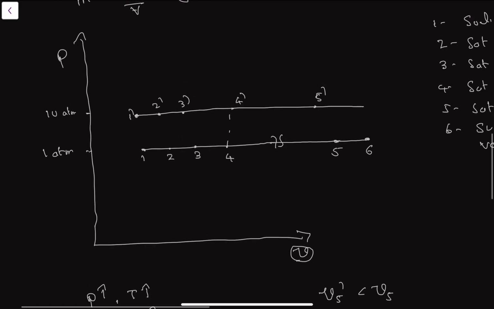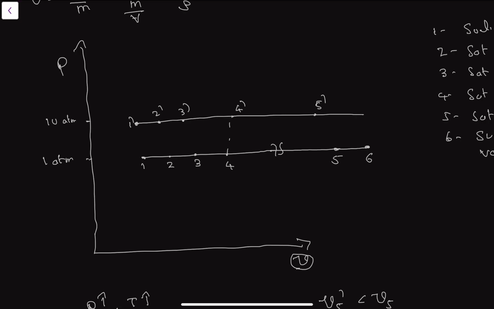So if you repeat this experiment for various pressures, okay, you will get a vapor. See, you can draw all these states, connect all the locus of all these states. So just I will draw that. So this will be like this, and here it will be like this.